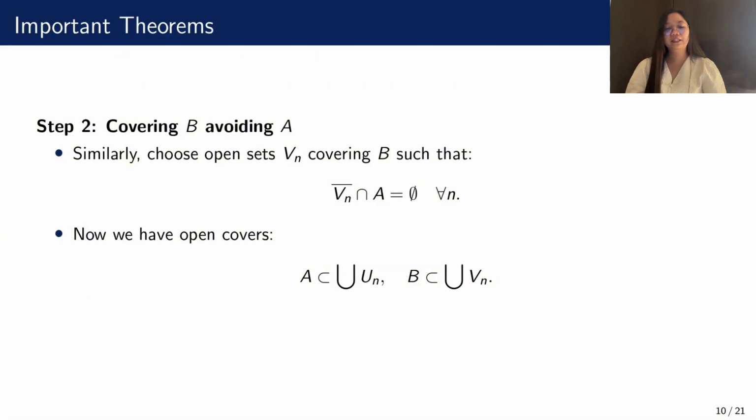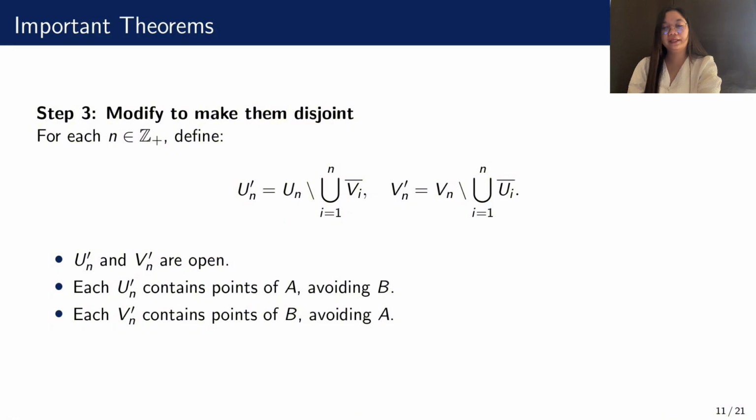As we can see, these covers are not yet guaranteed to be disjoint. We have shown that A and B are disjoint, but we are not yet sure that the open neighborhoods of A and B are also disjoint. So to ensure that they are disjoint, we modify them.